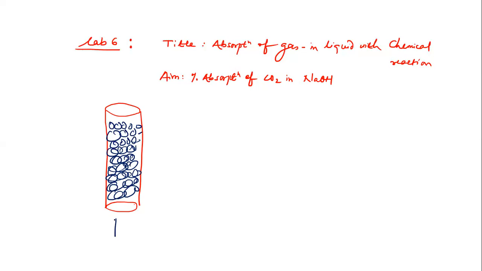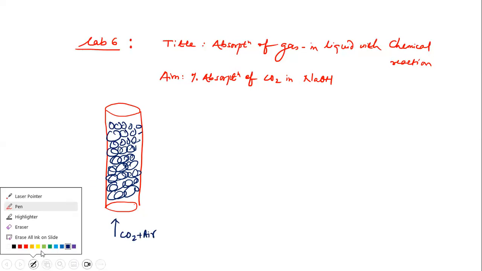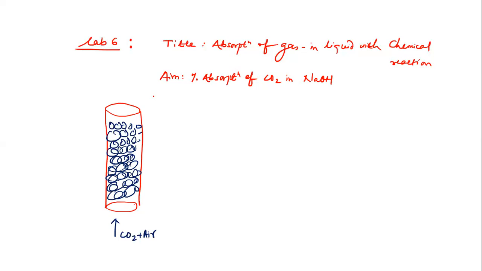So CO2 is going, CO2 plus air mixture is going up. And we have NaOH coming down. It will react. So we have reaction NaOH plus CO2 going to give you Na2CO3 plus H2O. Balance out your 2, correct?